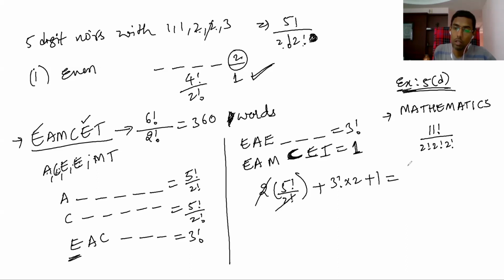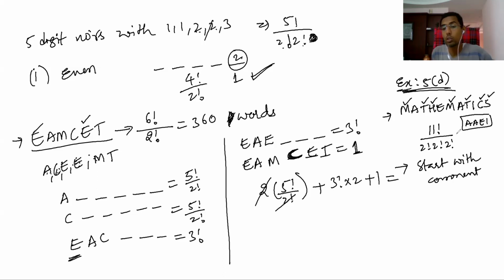But your question, which one boy asked, is how many of them start with consonants? So how many consonants are there here? H, M, T, C, S. The vowels are A, E, A, I, so these are the four vowels. Counting: 1, 2, 3, 4, 5, 6, 7. 7 consonants are there.